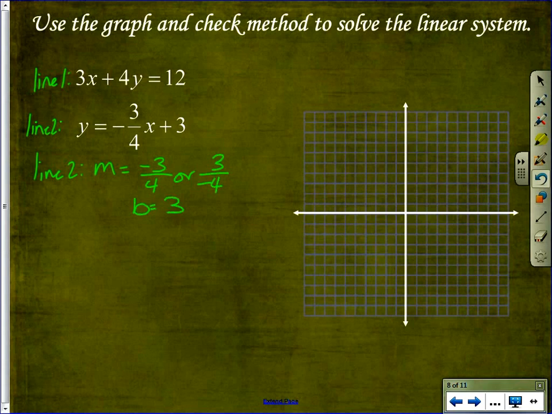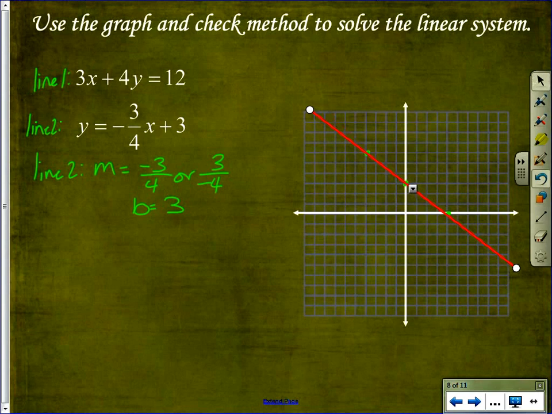Okay, so I'm going to go up to 3. 1, 2, 3. And then I'm going to go down 3 over 4, or up 3 and over 4. Draw a line. Try and get it where it's supposed to be.